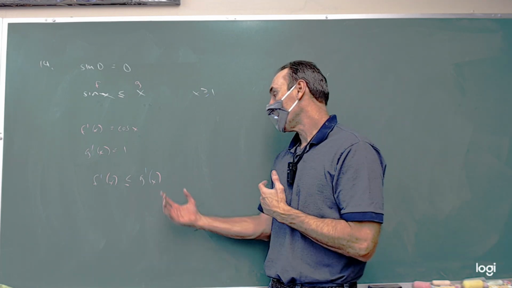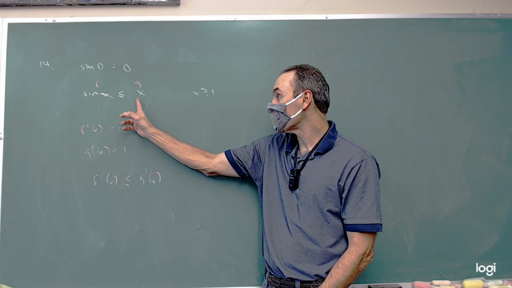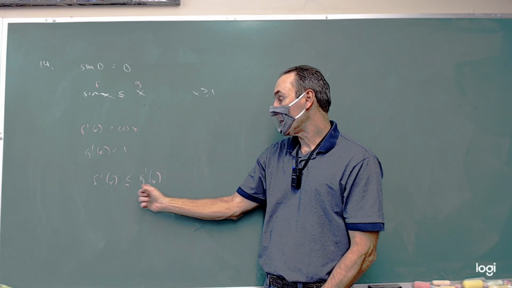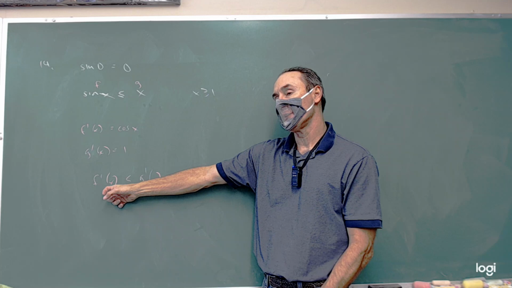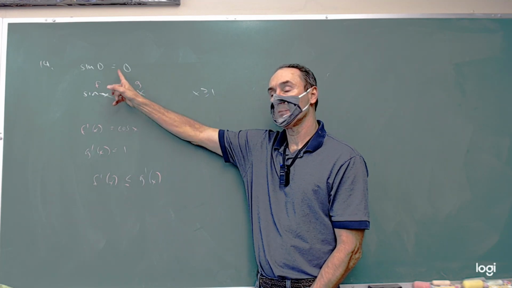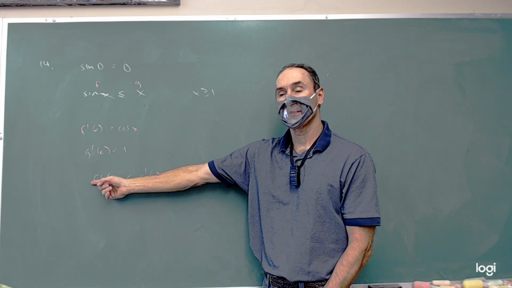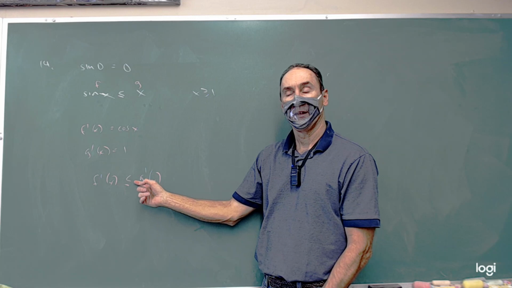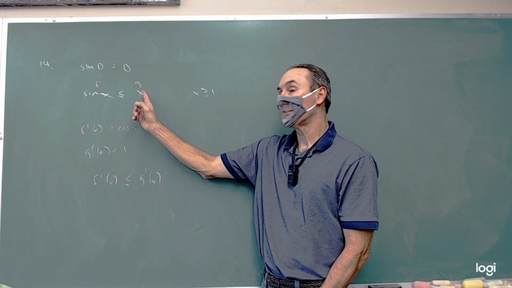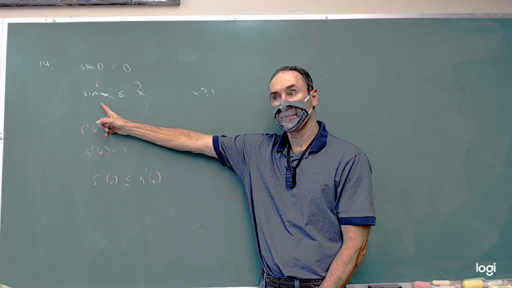That's talking rate of change. The rate of change of x is always greater than or equal to the rate of change of sine of x. If they start at the same place, and this one is always growing at least as fast as that one, then this function must always be greater than or equal to that function.